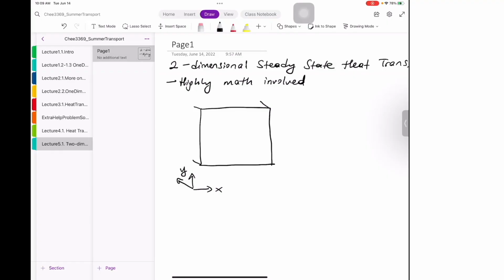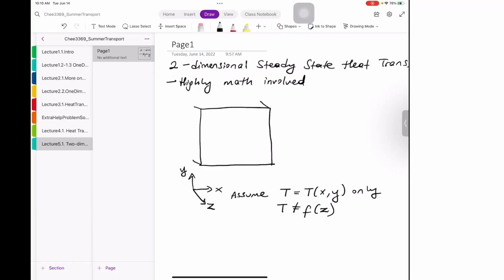Well, actually, if this is x and y, the z-axis is going to be the other way around, right? From the right-hand rule. X, y, z, yeah. That's the z-axis. But I assume T, temperature, on the plate is a function of x and y only, and T is not a function of z.